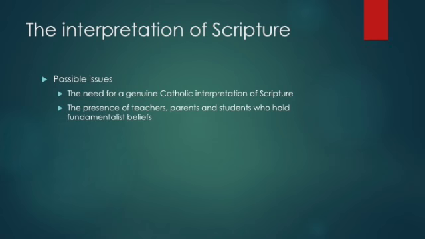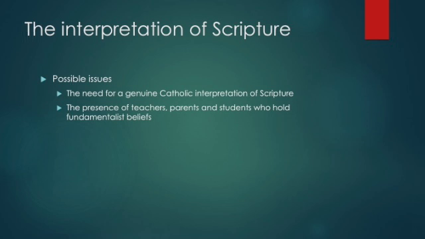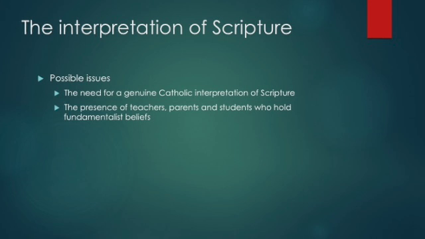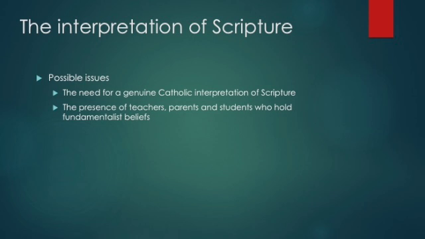So Module 2c, the final module in Module 2, looks at the issue of the interpretation of Scripture. And again, I've provided some readings about what a Catholic approach to the interpretation of Scripture actually is, and then I've provided the lecture that Graham Rossiter has given in relation to the educational dimension of the issue.